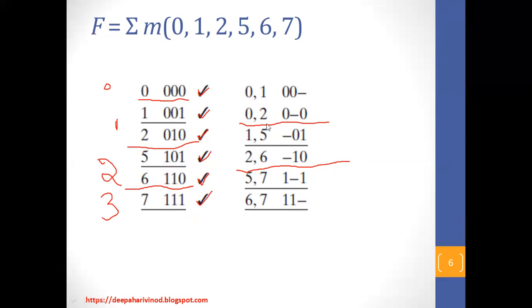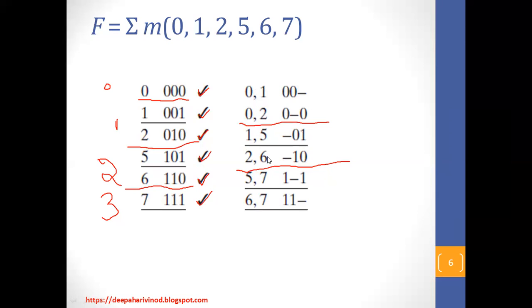Check whether you can compare it again, 0 1 with 1 5. So it is impossible because you don't have any similar thing. You can notice more than one bit change over there. In the same way, 0 2 with 1 5 also can't. 0 1 with 2 6 also cannot be done.